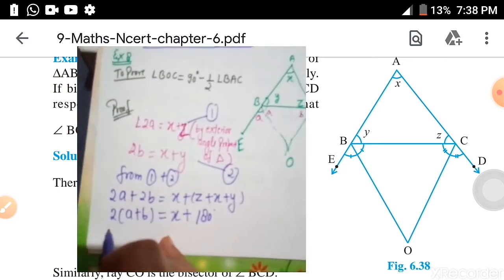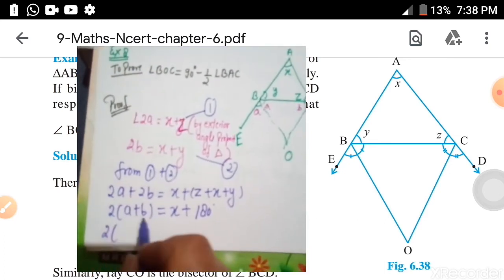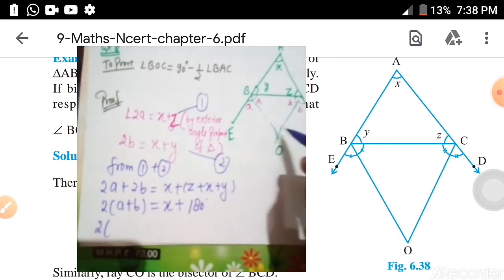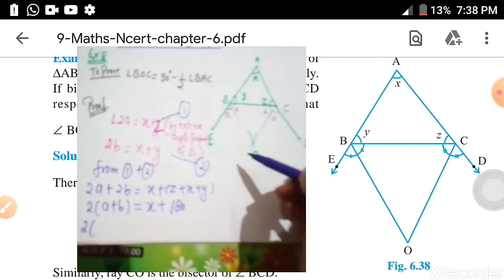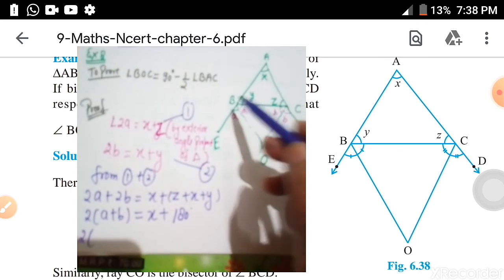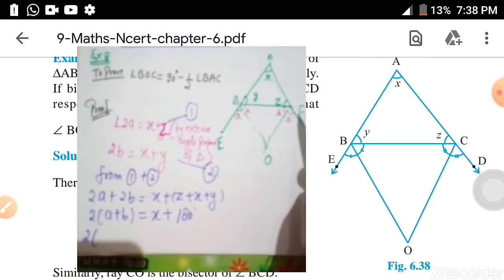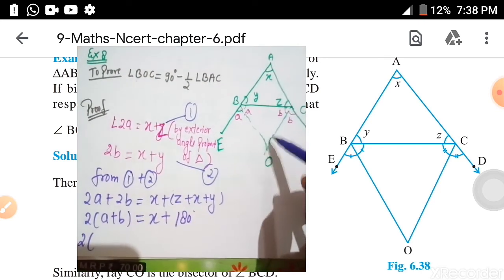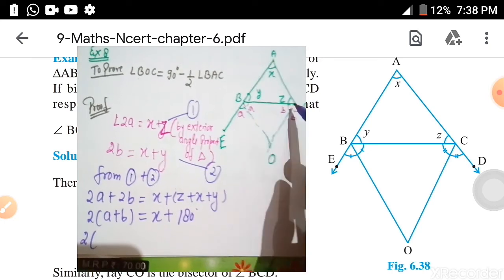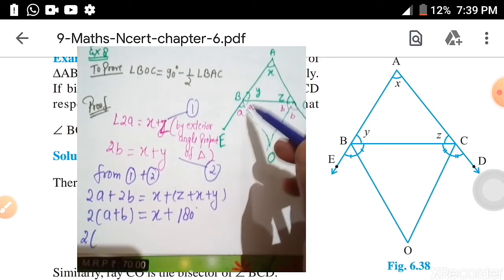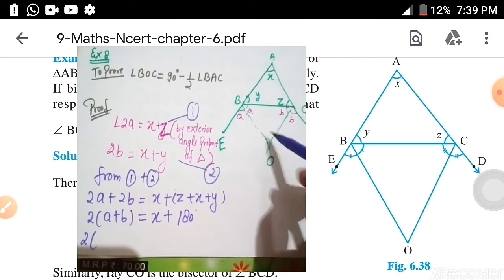In place of A plus B, because actually we require angle BOC. It's B, it's O, and it's C. For finding BOC, what can we write? Because the sum of all three angles is equal to 180 degrees, A plus B is equal to 180 minus angle BOC.